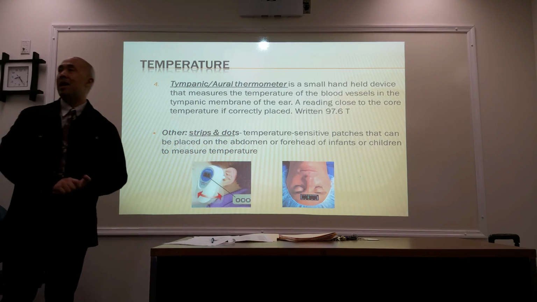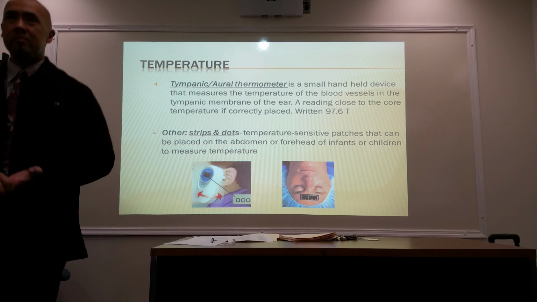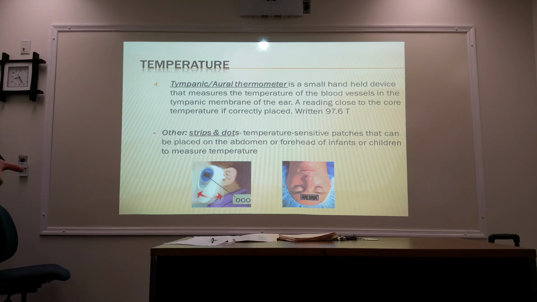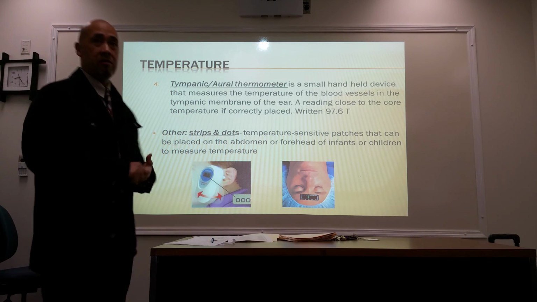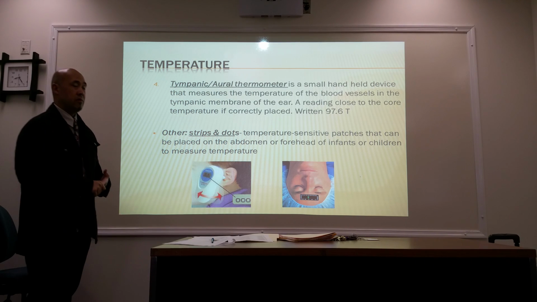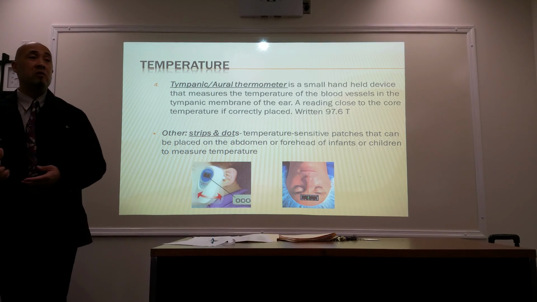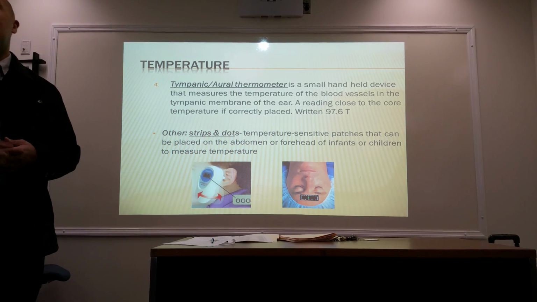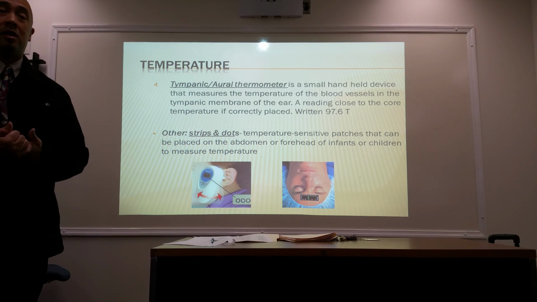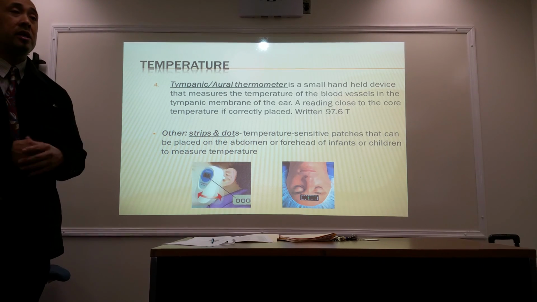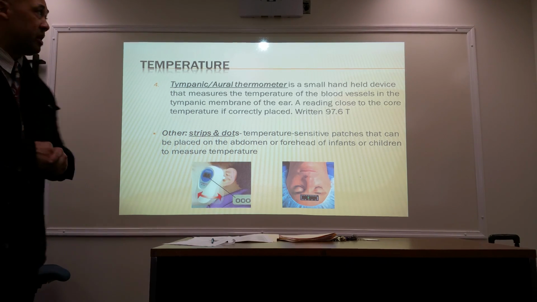Last one here is the tympanic thermometer. This reads the temperature off the blood vessels in your ear. It can be accurate if used properly. If it isn't used properly, the numbers can be skewed. You can also get a pretty accurate reading out of this.